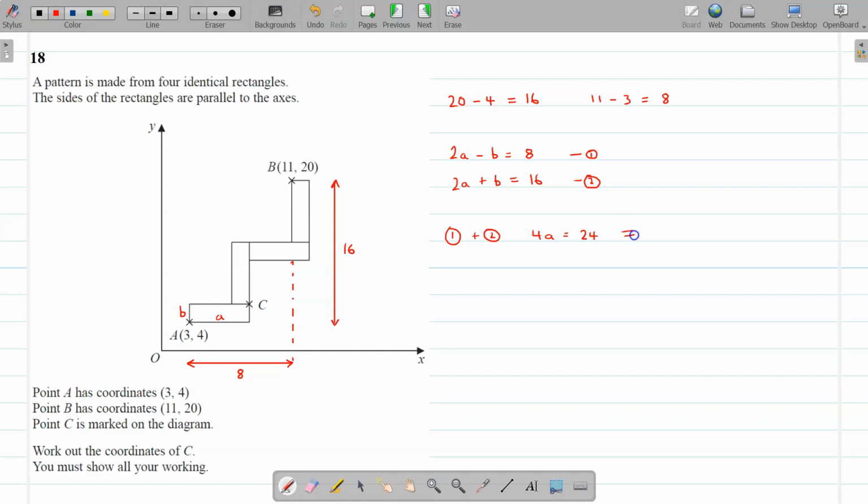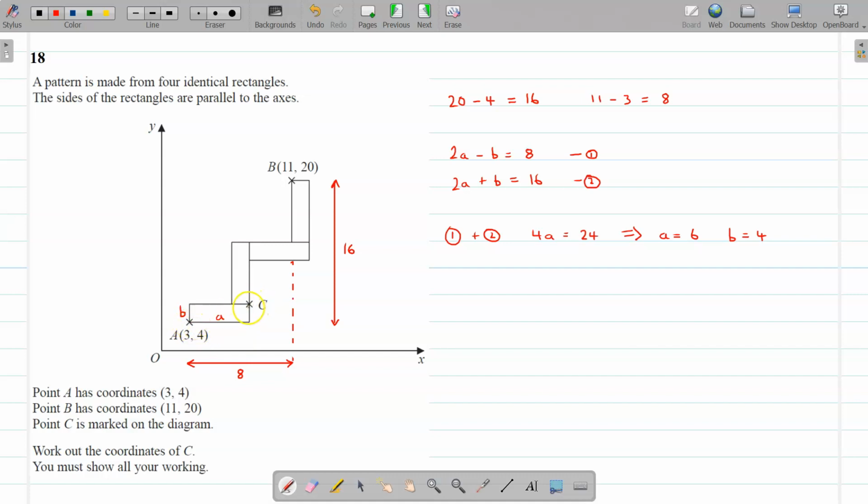So therefore A equals 6, and I can substitute that into any of these to find what B is. So 2 6s are 12, take away B is 8, so B must be 4. So these rectangles are actually 6 by 4 in dimension.